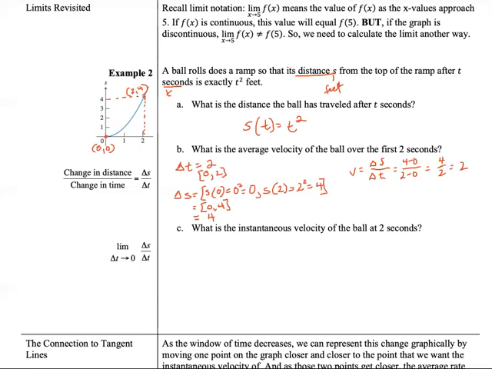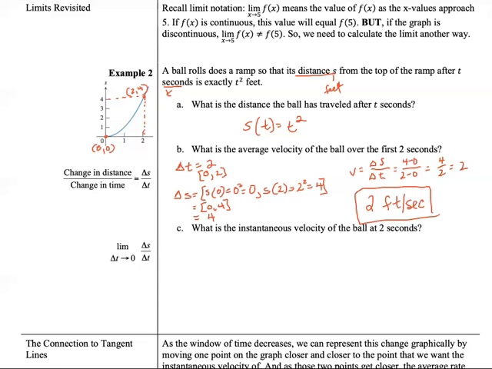Velocity has the measurement of speed, so it should be distance over time. Our distance was in feet, and our time is in seconds. So that's 2 feet per second. Okay, so the average velocity, the average speed of the ball over the first 2 seconds is 2 feet per second. In 2 seconds, the ball traveled 4 feet, so the average is 2 feet per second.